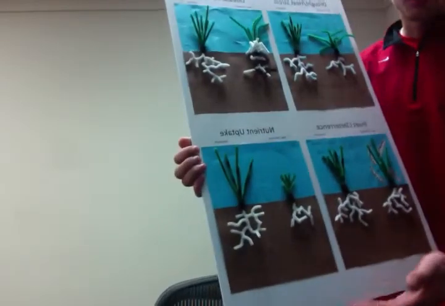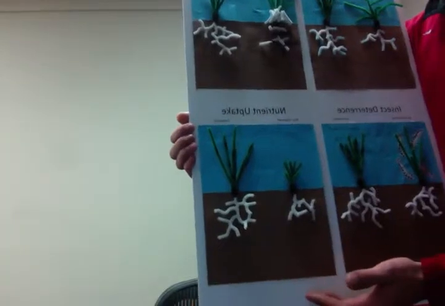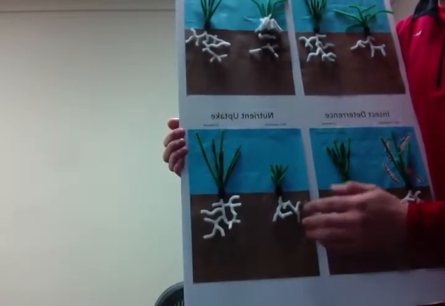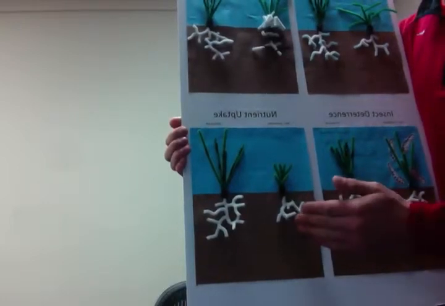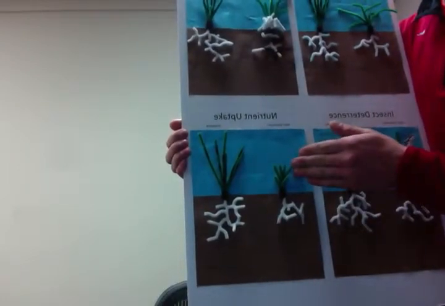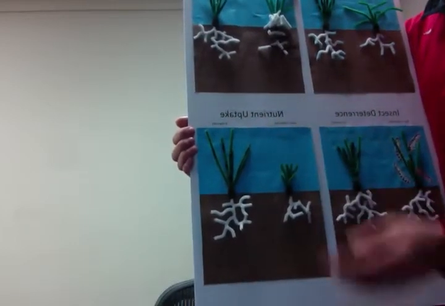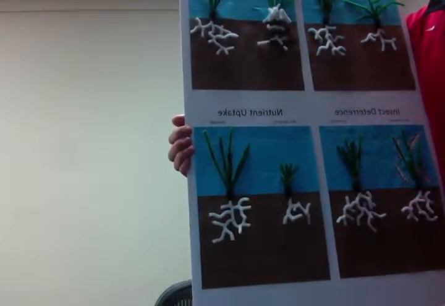Our final picture down here on the side represents nutrient uptake. As you can see, and this is highly illustrated, a very small root system and very stunted growth, as compared to a strong root system and very robust growth, once again showing the black marks for the fungal endophytes.